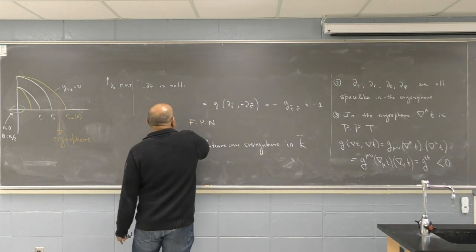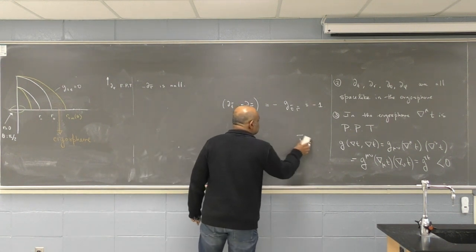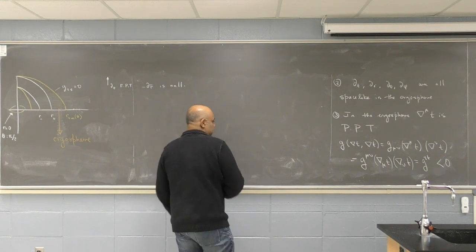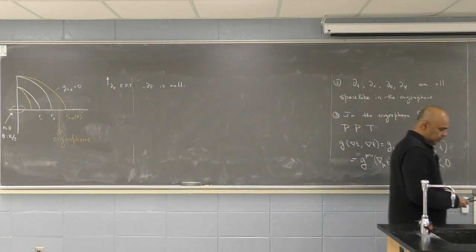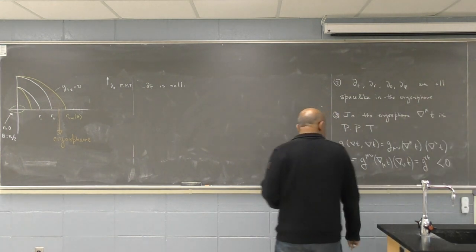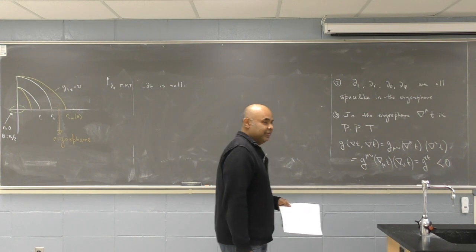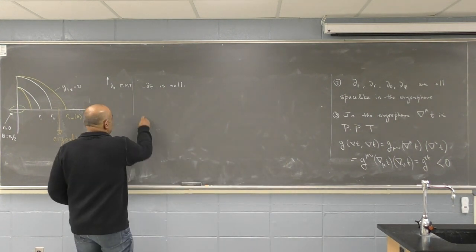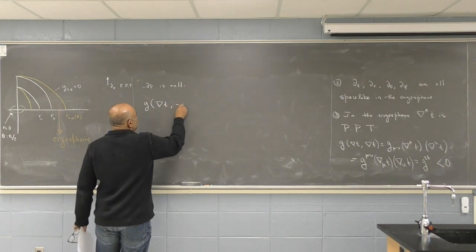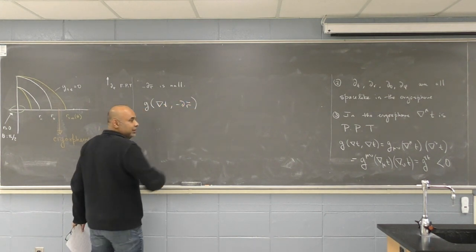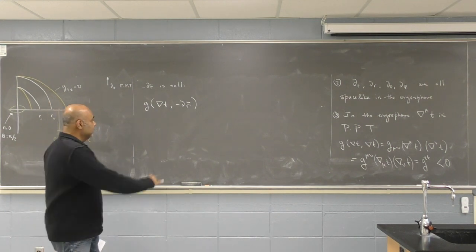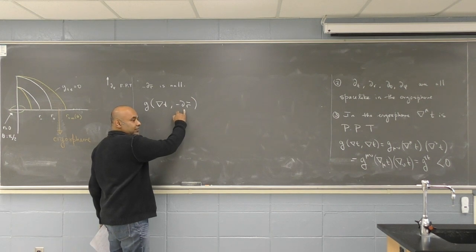How can I show it's past pointing? I have to show that, precisely, this better be less than 0, because this is future pointing, right?